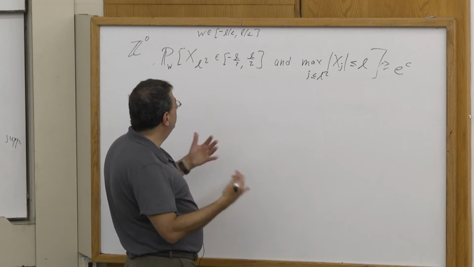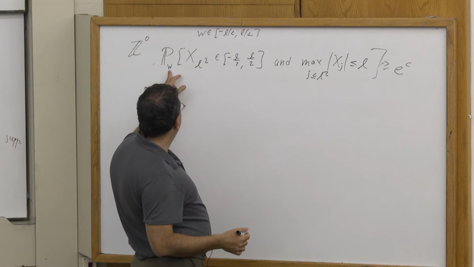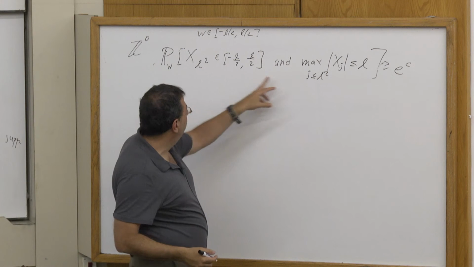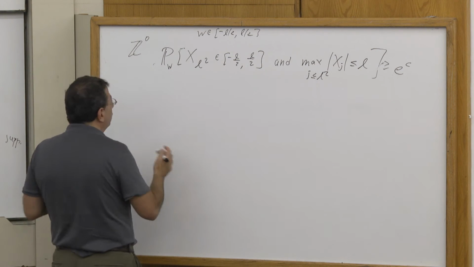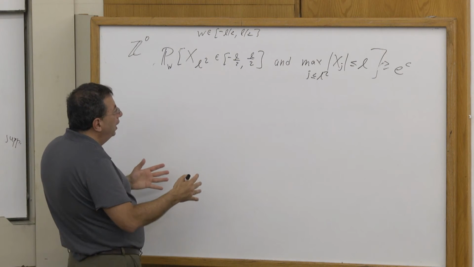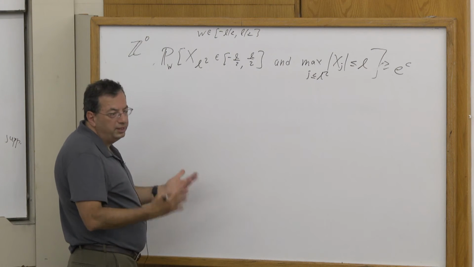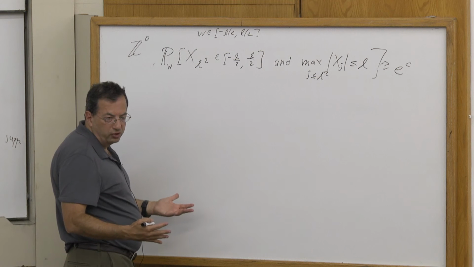And now we can just iterate that, because we observed this not just starting at the origin, but starting at any point in the interval minus L over 2, L over 2. This is true, and then you can just iterate that. How many times do you want to iterate? T over L squared times.